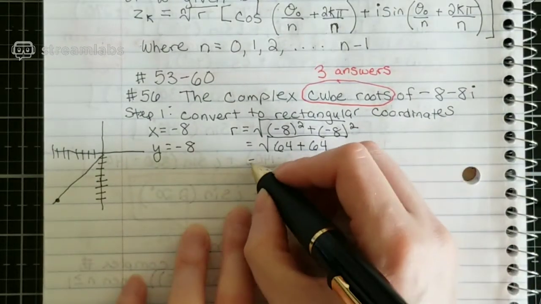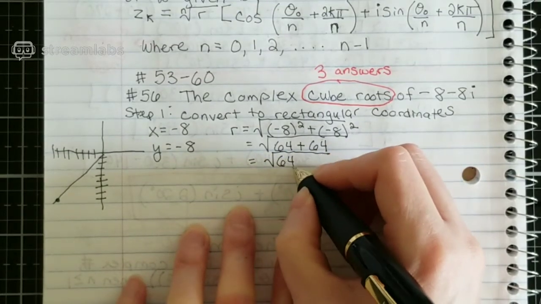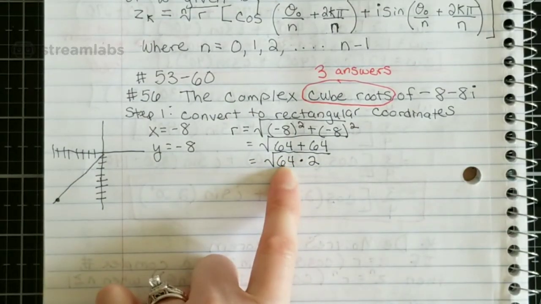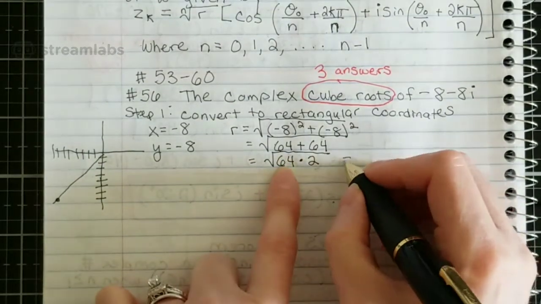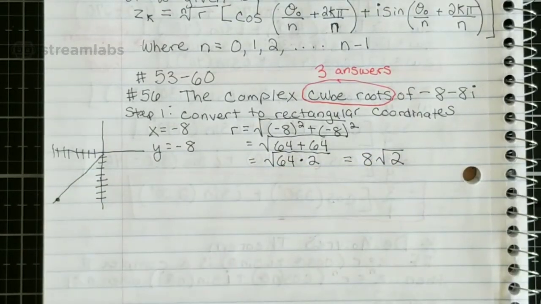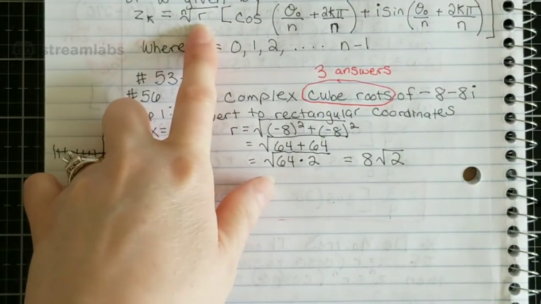But since I want to break this down quickly, this is 64 times 2. So I can take out the square root of 64 is 8. So this is 8 square root of 2. So that's our r. So that's the first thing that we need, because we need that r for this here.